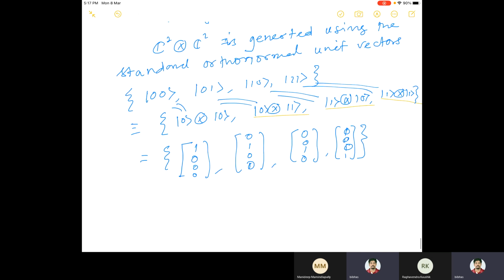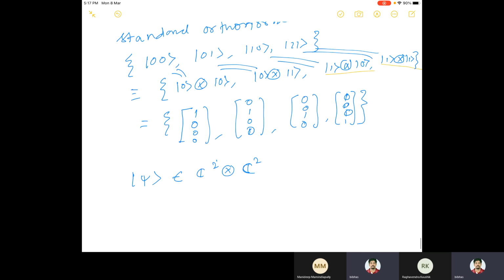So these are the standard fundamental two qubit states, and any state psi from this C^4 can be written as alpha 00 |00> plus alpha 01 |01> plus alpha 10 |10> plus alpha 11 |11>.